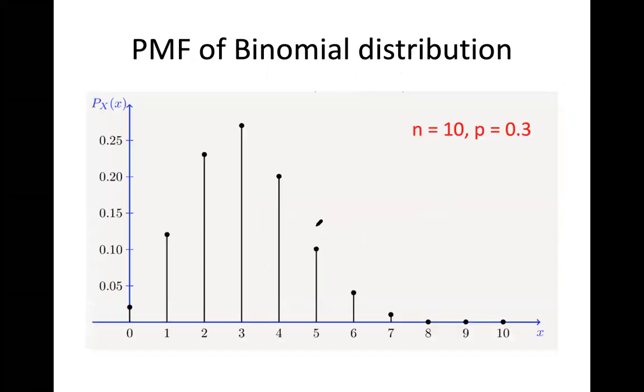Peki. This is the probability of obtaining 0 heads when I flip a coin n times, and the probability of obtaining heads is equal to 0.3. What is this?